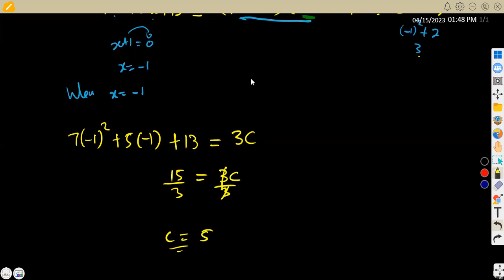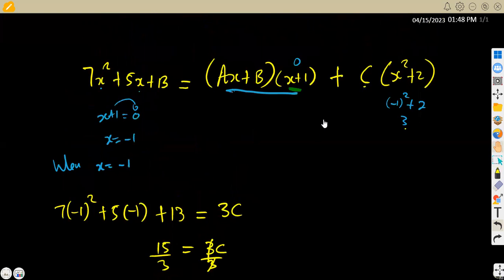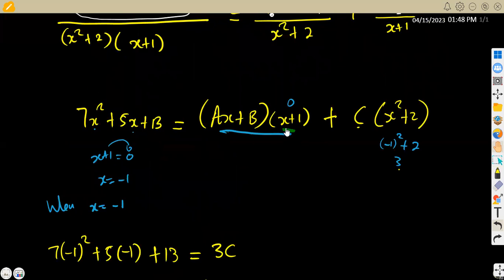Okay, now with the value of c, which is equal to 5, we can substitute back. We don't have a b, sorry, so we have to calculate a and b. But now it's very difficult for us to work with this. I want you to see something. We're supposed to let this bracket be equal to 0 so that we can say x squared plus 2 is equal to 0.